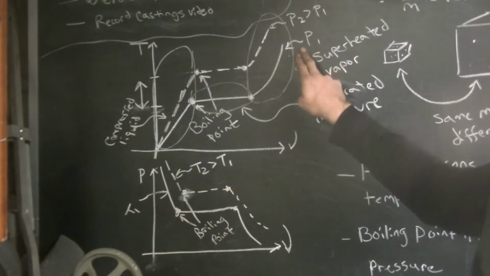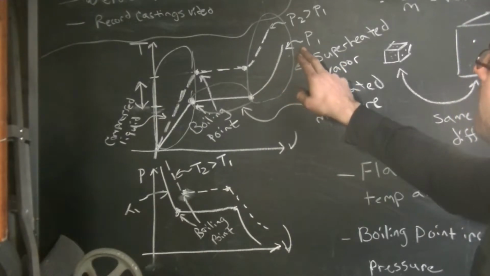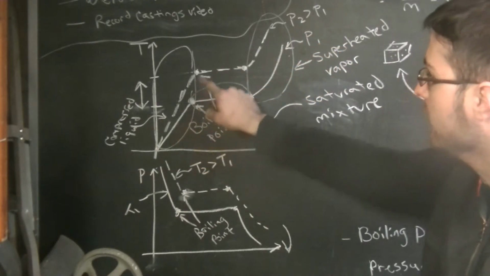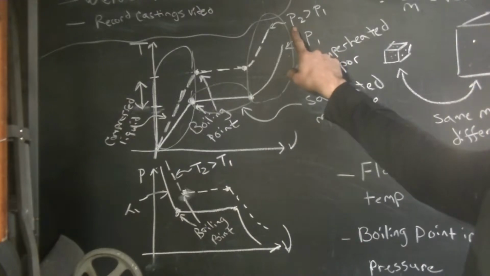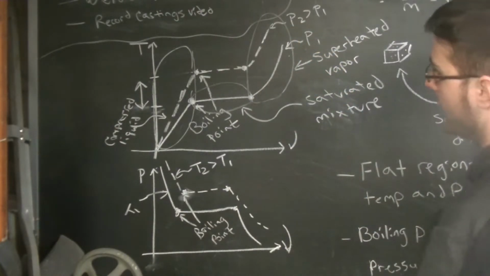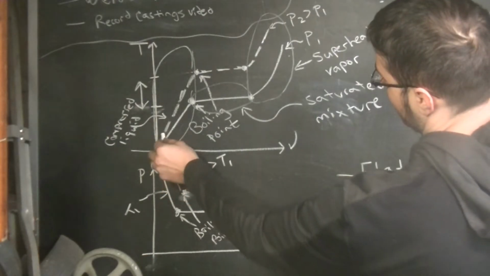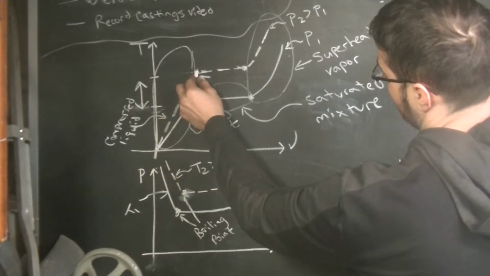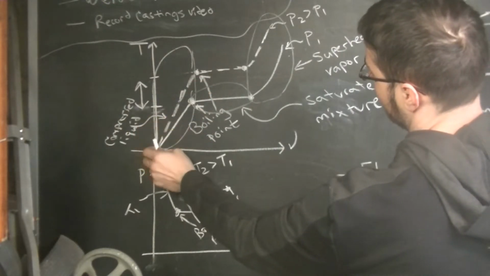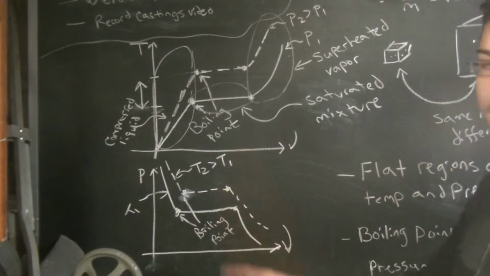Say atmospheric pressure. Now if we have another pressure, you get this dashed line here, and that pressure is greater than pressure 1. You can see that the point at which it boils actually increases in temperature.